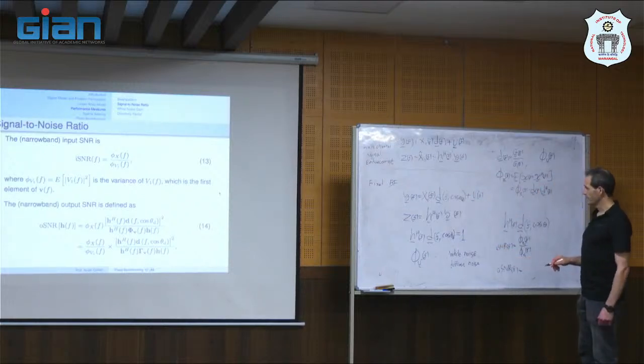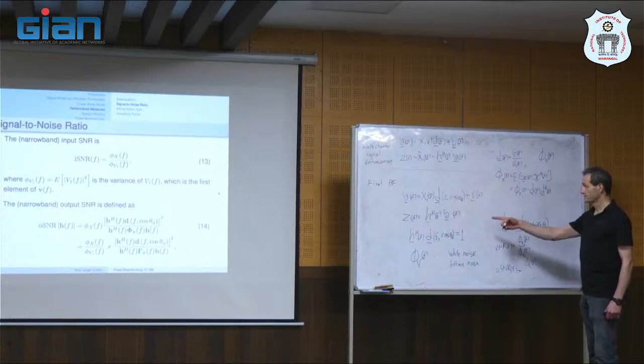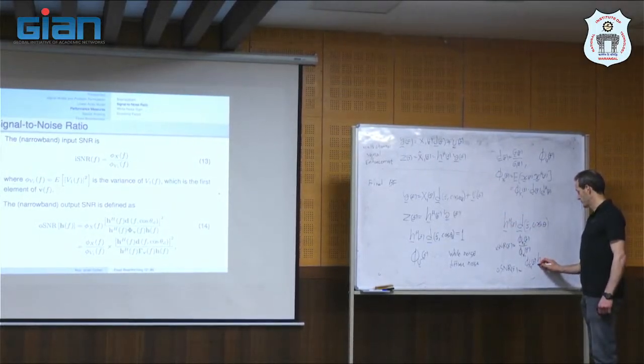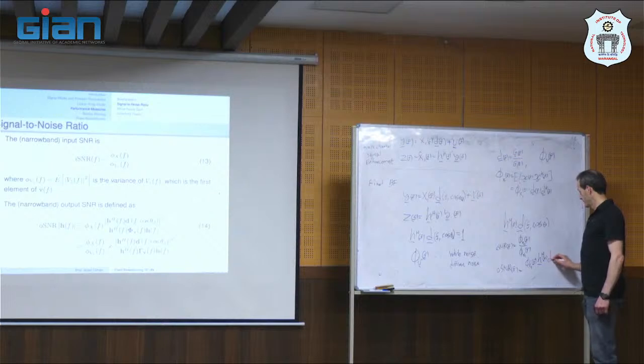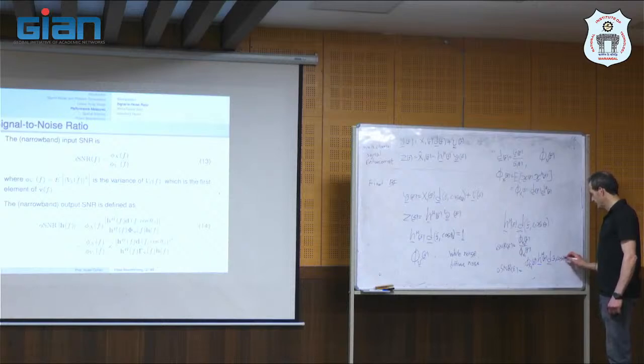So it will be phi x1 times H d_f cosine theta d, magnitude squared.